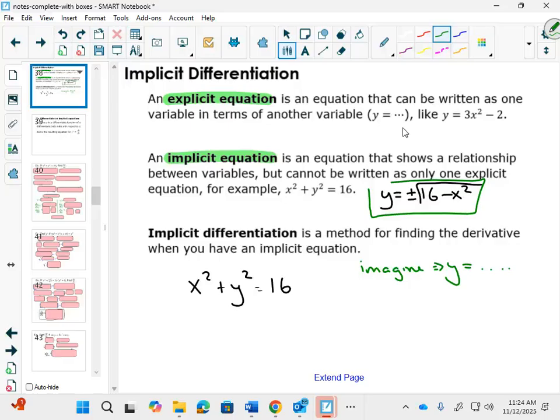So now, what we want to find is the derivative. Our notation for finding the derivative, and we'll use Leibniz notation, we want dy dx. We want, wow, what a good day.